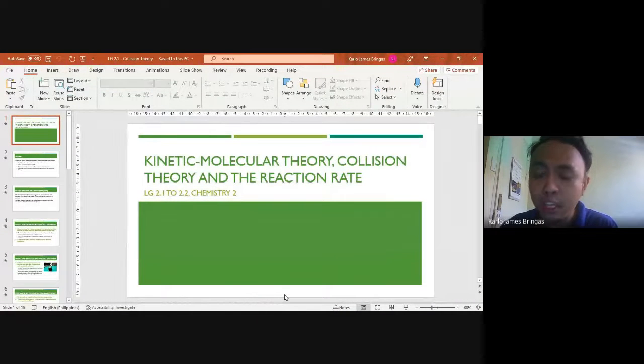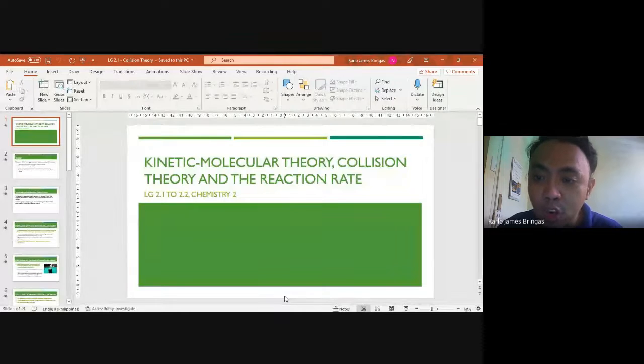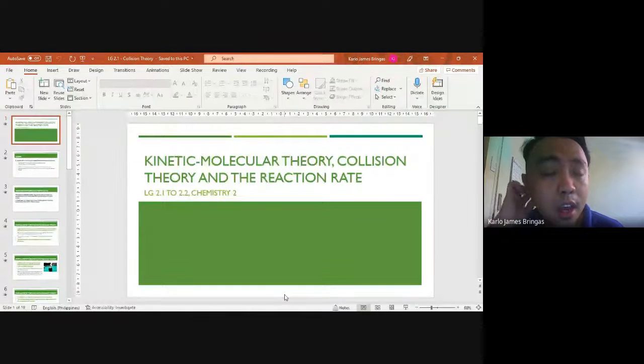Let me go over our target outcomes for this particular session. In this session, we are now starting with a new module, namely chemical kinetics. Our last module, chemical thermodynamics, dealt with the energy changes that accompany physical and chemical processes.